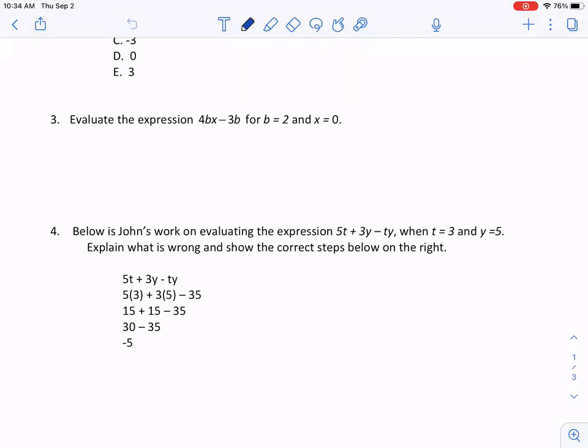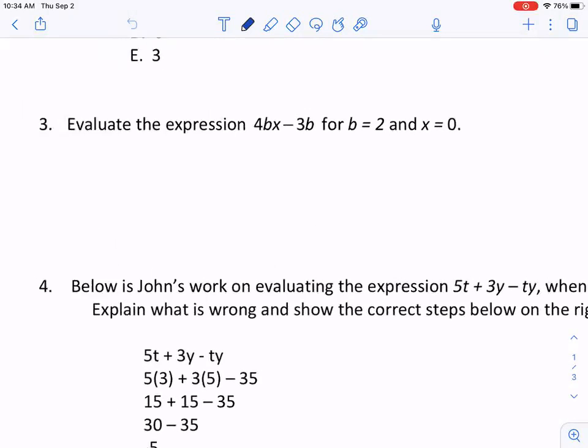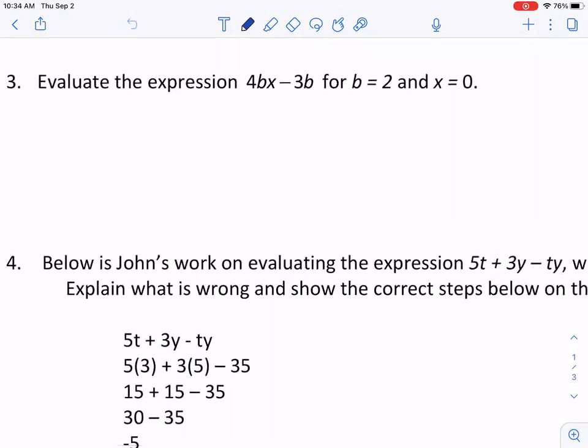So let's take a look at these three from the practice sheet. For the first one, I saw you guys did a really good job of just writing it out. We have 4bx, so it's 4 times our b, which is 2, times our x, which is 0. So it's a good start. And then minus 3 times 2. I saw a lot of that, which is excellent.